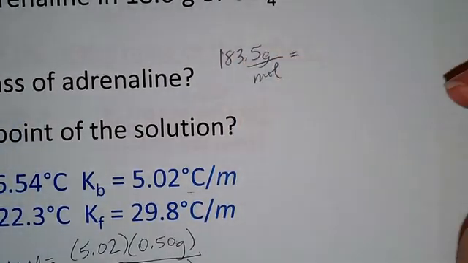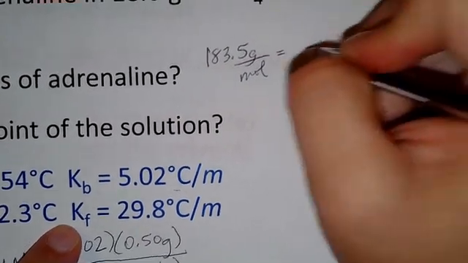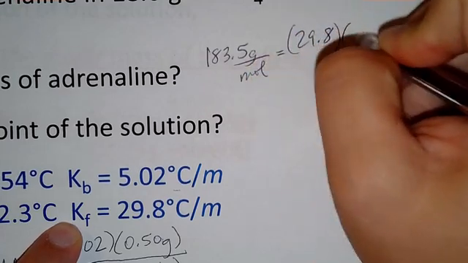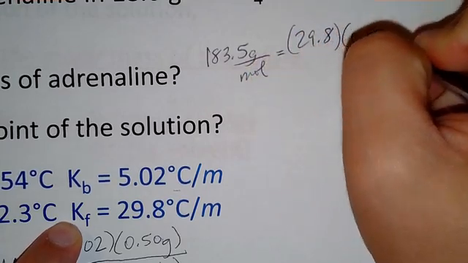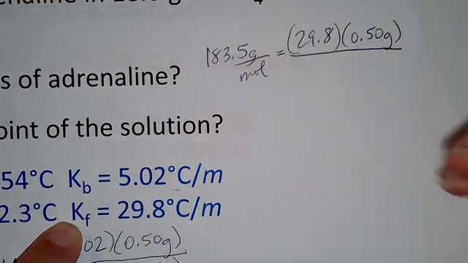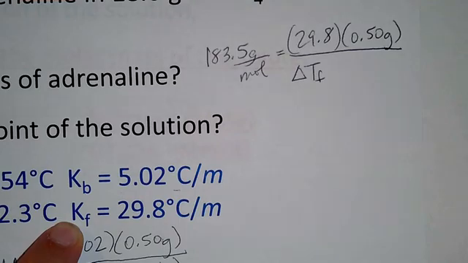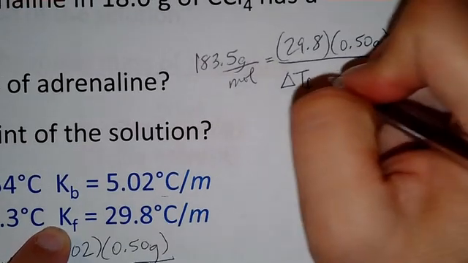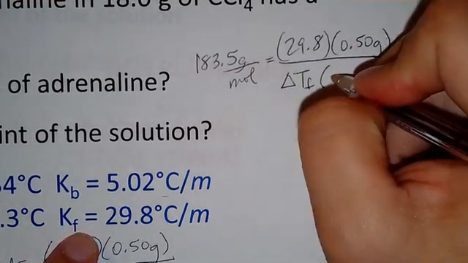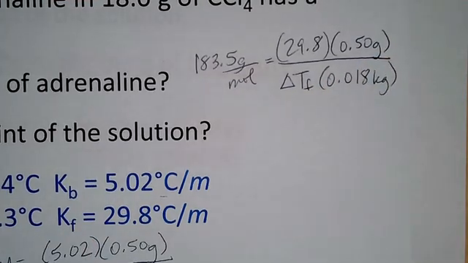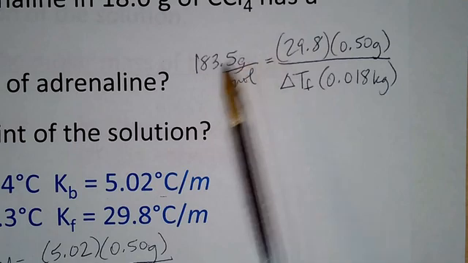the grams, 0.5 grams, over. Here's where I don't know the change in freezing point because I don't have that data, but I do know kilograms of my solvent. So in this case, now that I know the molar mass, I can solve for delta T. So we're going to multiply delta T and our kilograms onto this side.